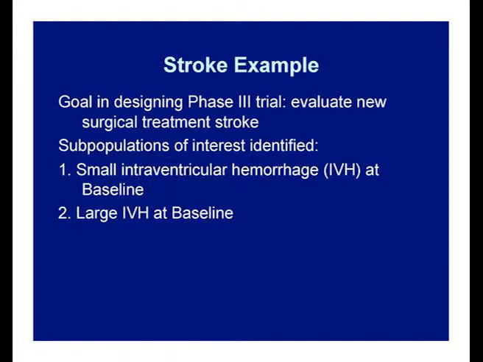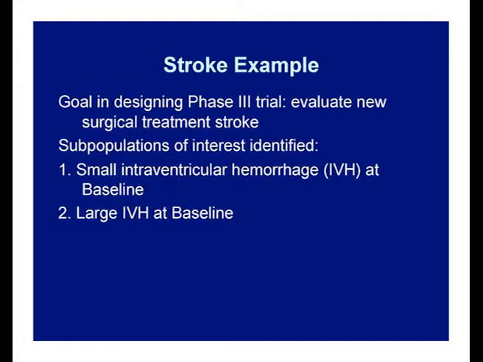In planning this phase 3 trial, the goal is to evaluate a new surgical treatment for intracerebral hemorrhage, which is this quite deadly form of stroke, has 40% mortality rate, at least. And Dr. Hanley and others have proposed a new surgical treatment for this form of stroke, and it's called the MISTIE treatment, which stands for minimally invasive surgery plus rtPA for intracerebral hemorrhage evacuation.